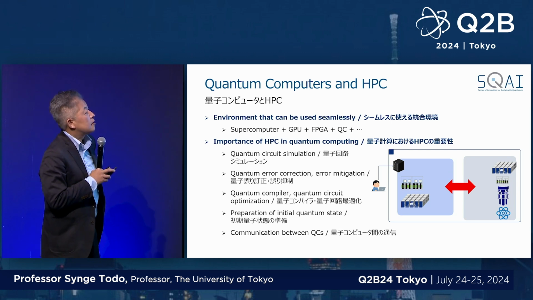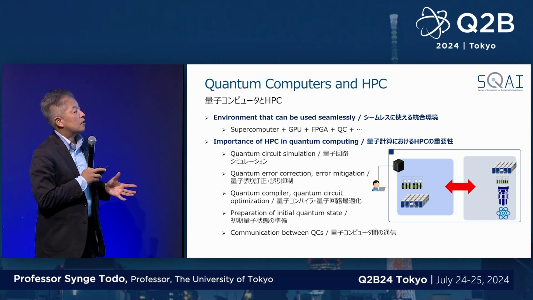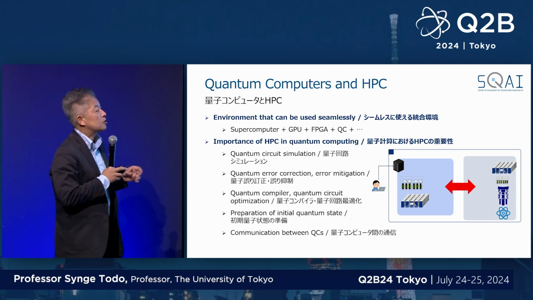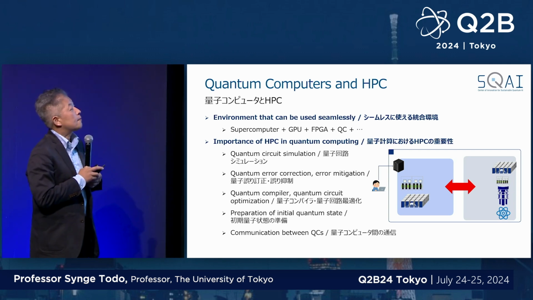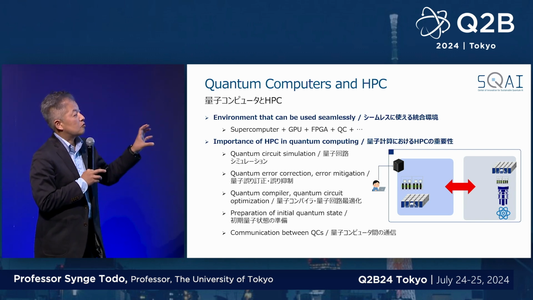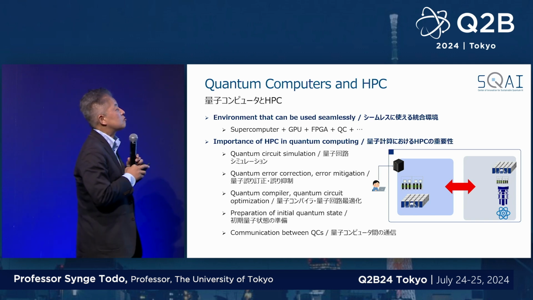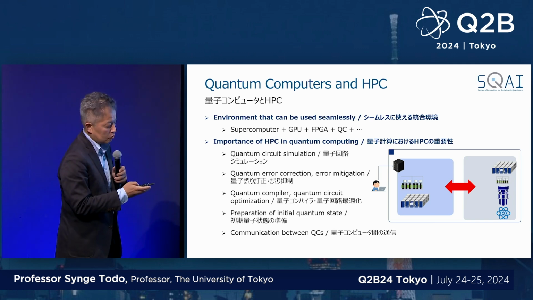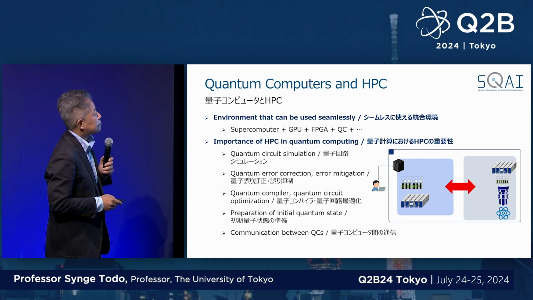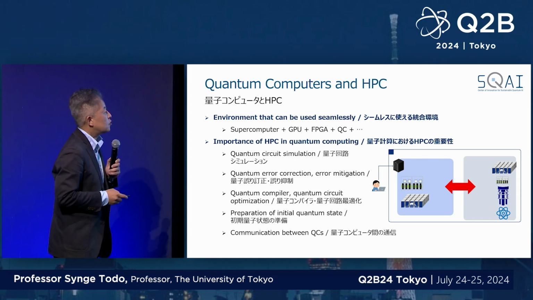If we are to use quantum computing efficiently, compiling or quantum circuit optimization needs to be done in a preparatory process. And this is where we can use HPC for this optimization. Or eventually in the future, we might want to use a quantum computer for this preparation. But today, there is a possibility of utilizing HPC there.